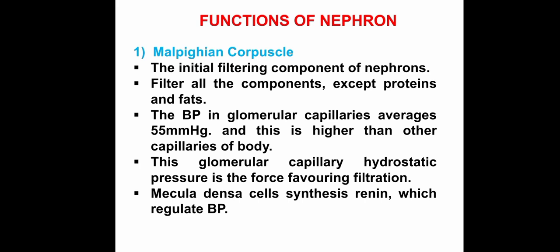of our body. Now this glomerular capillary hydrostatic pressure is the force favoring the filtration. So if some force is there on one side, that thing will be filtered from the other side. That force is actually the blood pressure present in the glomerular capillaries, and this blood pressure favors the filtration to occur. If you remember from the second semester, how the tissue fluids are forming, how the lymph is forming, a number of pressures are involved.